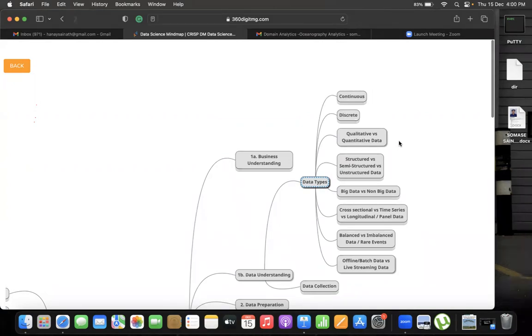What if someone has time series or cross-sectional data, or longitudinal panel data also. Sometimes it is balanced and imbalanced data also. Sometimes we have offline data available, then sometimes we have to extract the data from live streaming data.